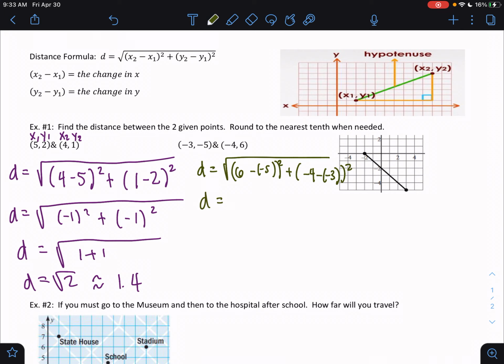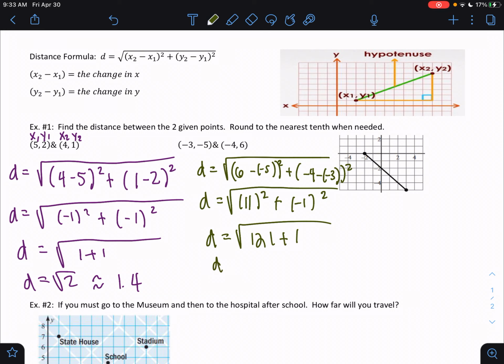So 6 minus negative 5 is going to give me 11 squared plus, and then we have negative 4 minus negative 3, which is going to give me negative 1 squared. So we'll have 11 squared, which is 121 plus 1. So the distance will be the square root of 122, which is approximately 11.04, or actually be 0.5.